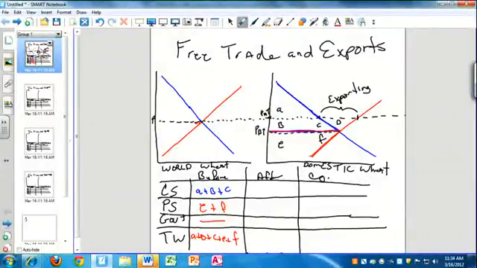Now what happens after you trade, after you export? Here's our new price. It's after trade. What's my consumer surplus at that point? It's everything above the price, and I want to just clean this up just a little bit.